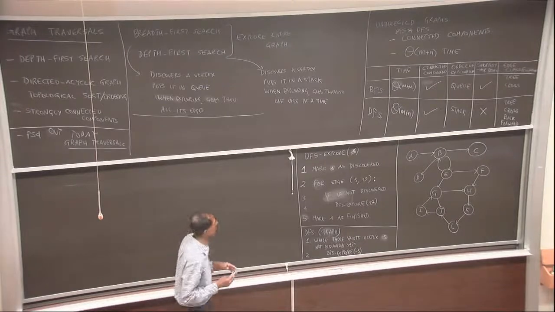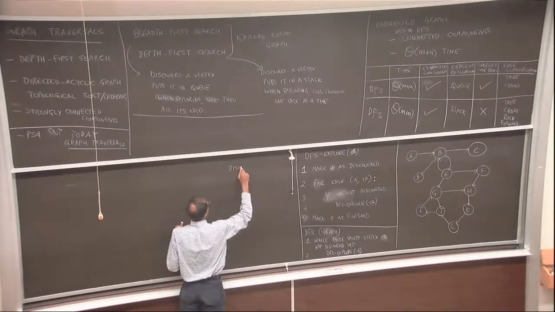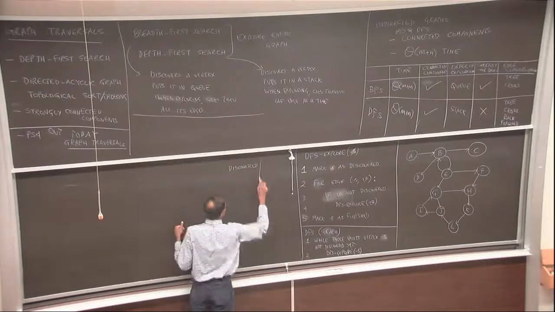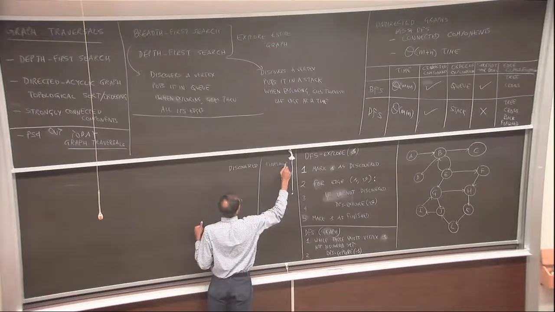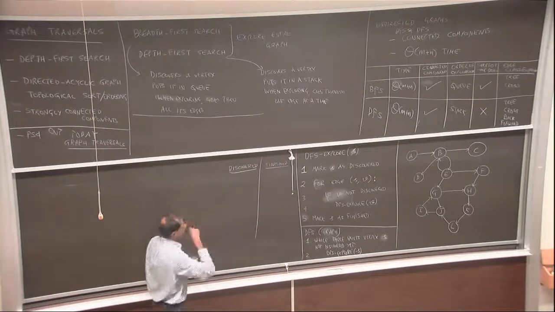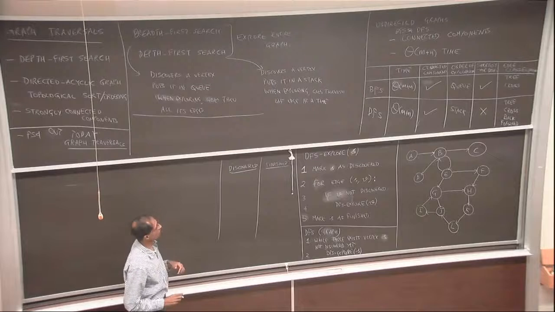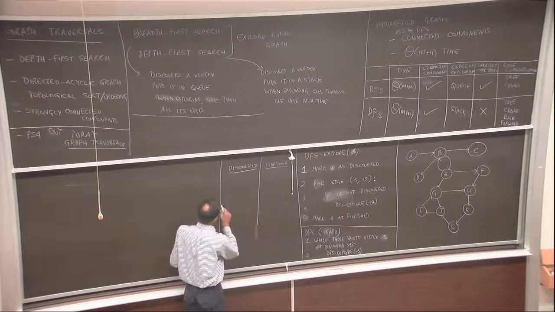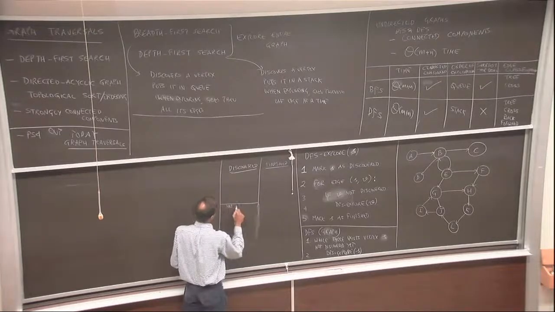Initially, we will have an array called discovered, and we'll also have an array called finished. Initially, both lists are empty. Imagine we also have an array called not discovered.